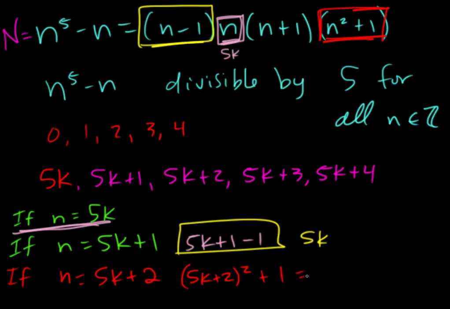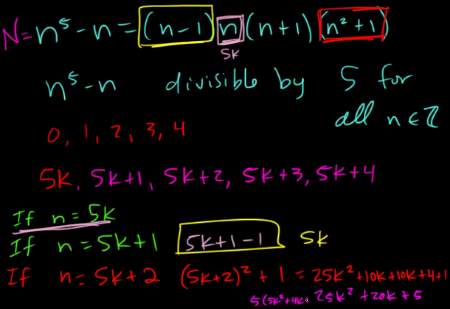We expand that out. We get 25k squared plus 10k plus 10k plus 4, and then plus this one right here. And we simplify that. Because we could factor out a 5 from that, we know that it's divisible by 5.